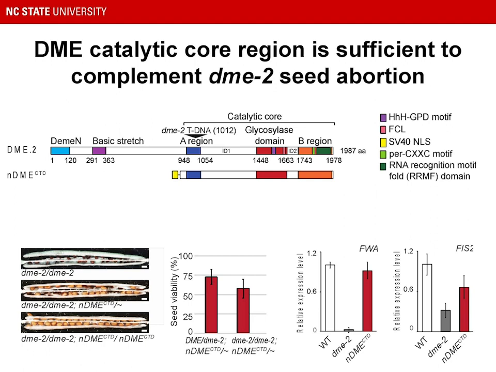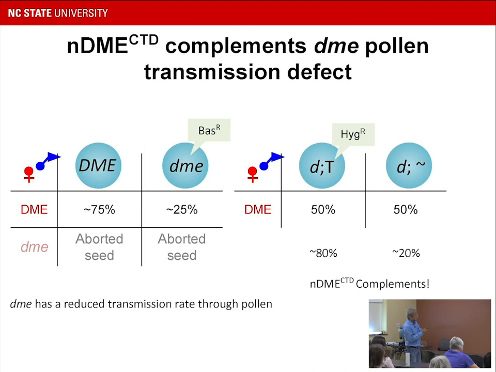And we looked at a few candidate target genes, and it restored the expression to close to wild type level. Then there's another function: DEMETER is absolutely required on the female side, the ovule. If you have a mutant, then this seed will abort.